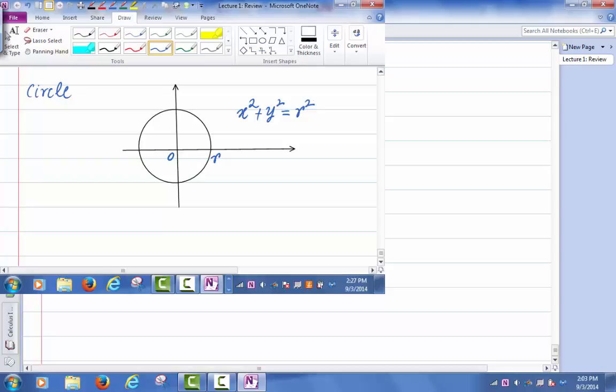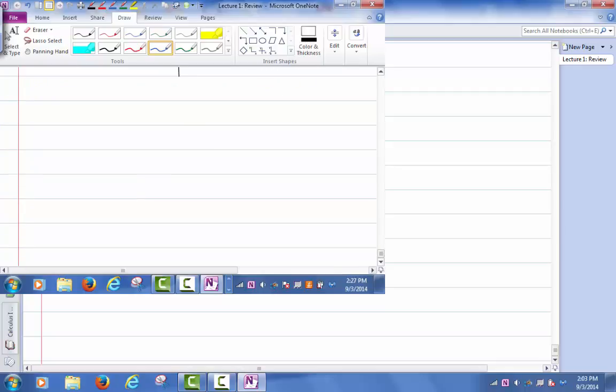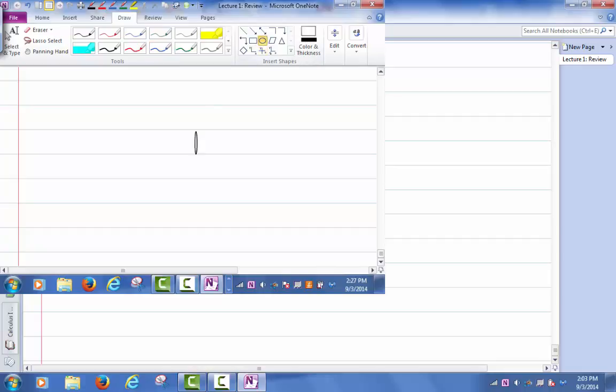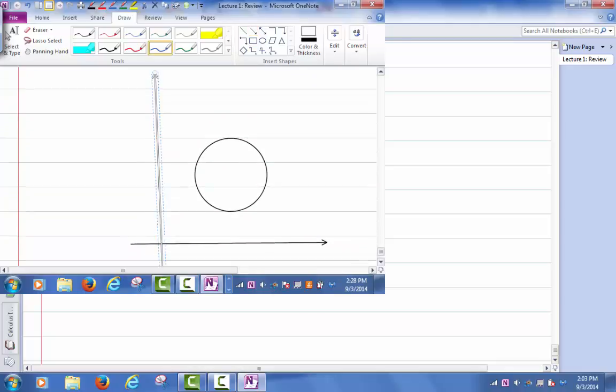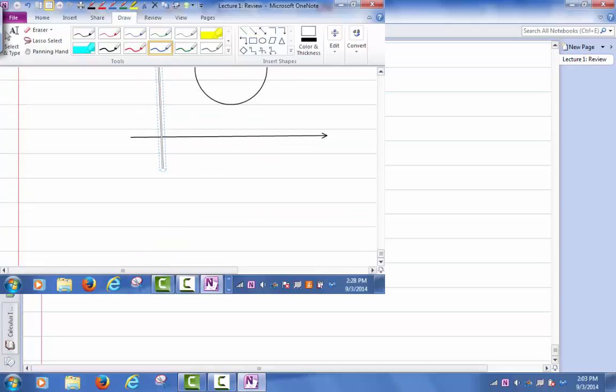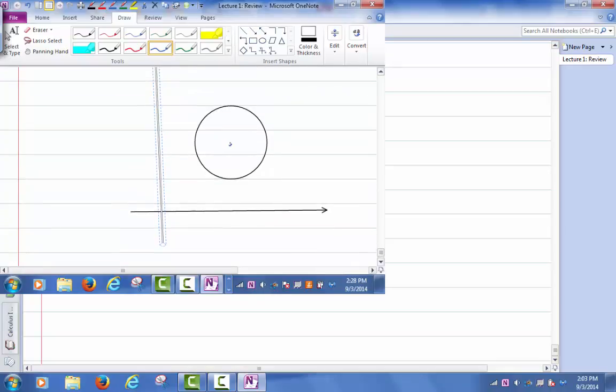How about when I change the center? What if the center is not at the origin? What's the equation then? So once again, let's say I have a circle, but the center is at a different point. Let's say the center here is given by h and k.